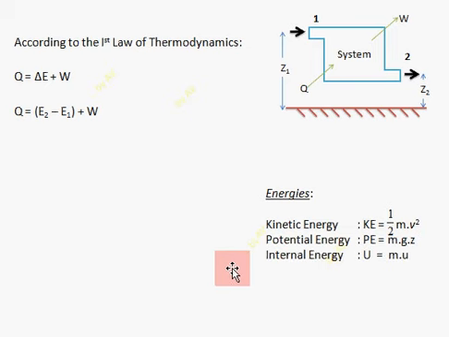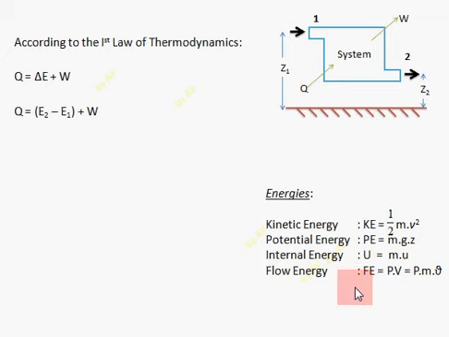The next one, internal energy. Internal energy is normally the energy associated with the atoms or molecular level energy, and it is denoted with the capital letter U. This also can be written in the specific internal energy form, and it is also written with respect to the mass flow rate. The next one, flow energy.